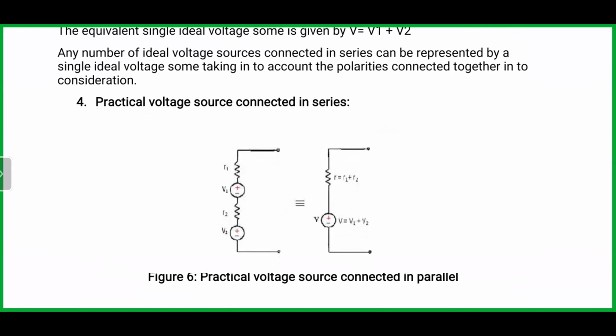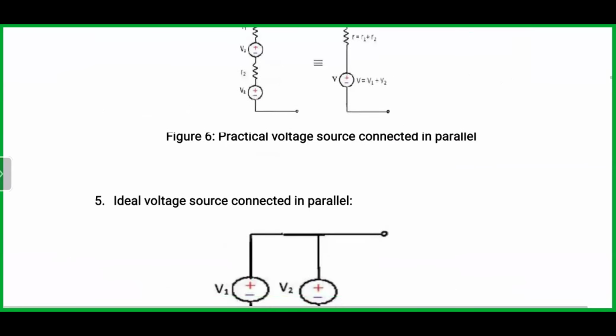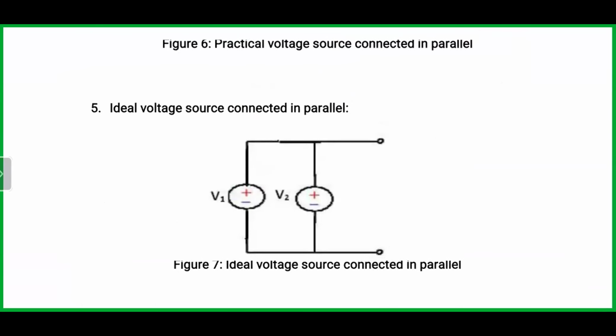The R you are seeing here is the internal resistance. So we add the voltages and we add the resistances. So we get one resistance at the terminal. Now an ideal voltage source connected in parallel. In this case, you are increasing the current.